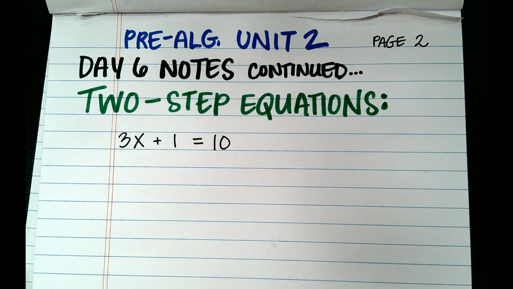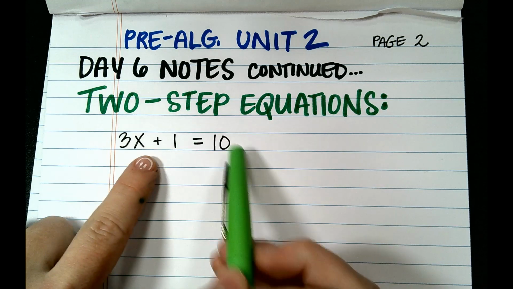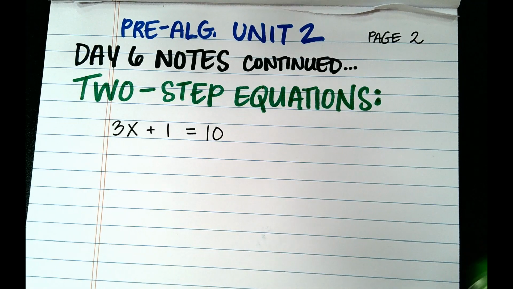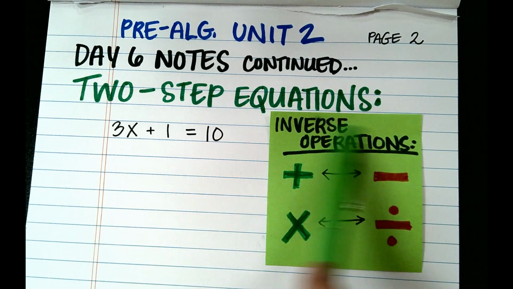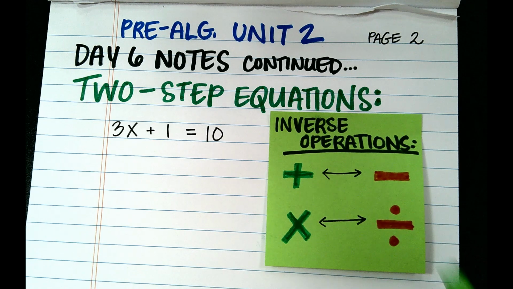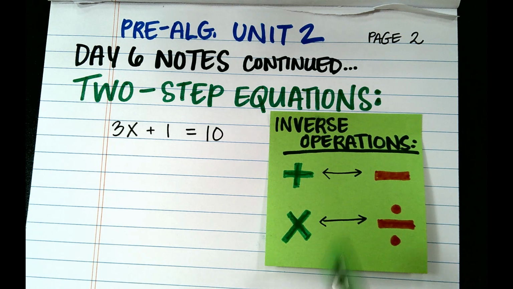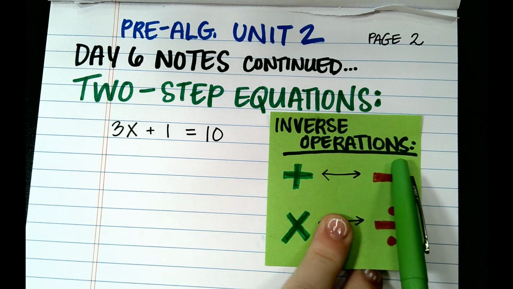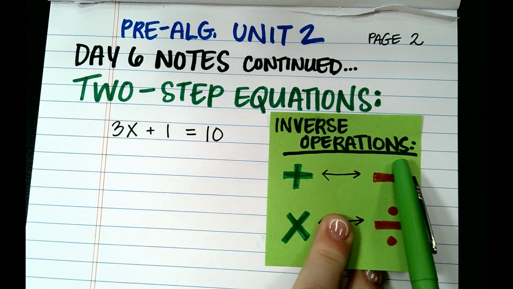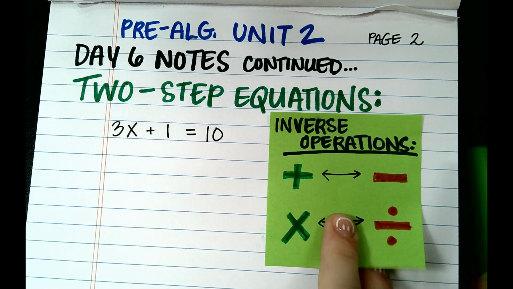So there's 2 operations. Now, whenever we're solving equations, notice that we're using inverse operations, opposite operations. So whenever we have more than one operation, normally we would look at the order of operations. But we're doing the opposite. So not only do we have inverse operations, we kind of have inverse order of operations.